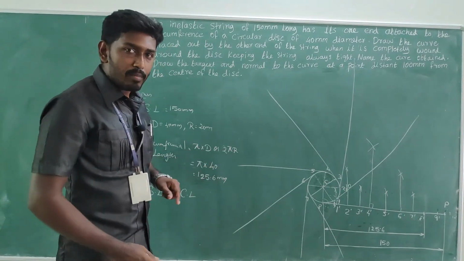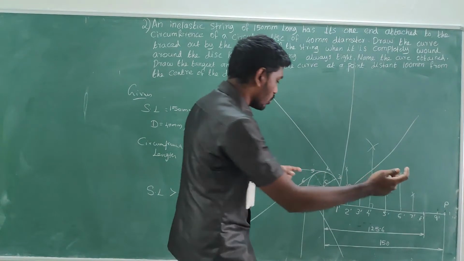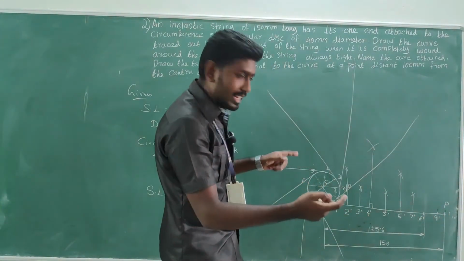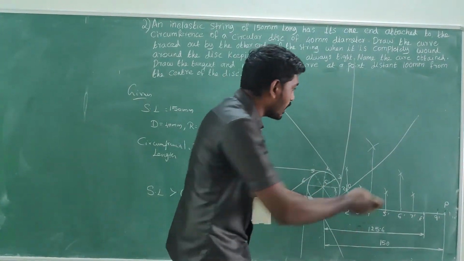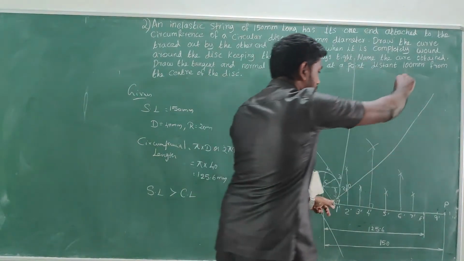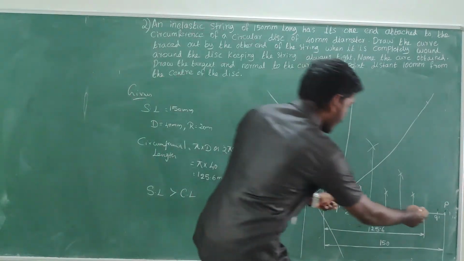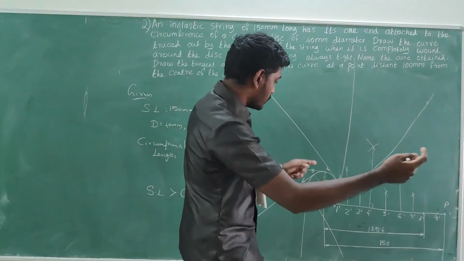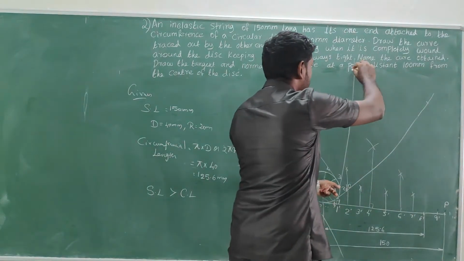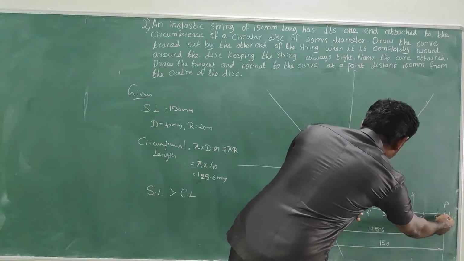Now take your compass and measure the distance P to 1, keep it at point 1, and go for a cut mark. Then measure P to 2, keep it at the second point, and go for a cut mark on the second tangential line. Repeat the procedure for the rest.